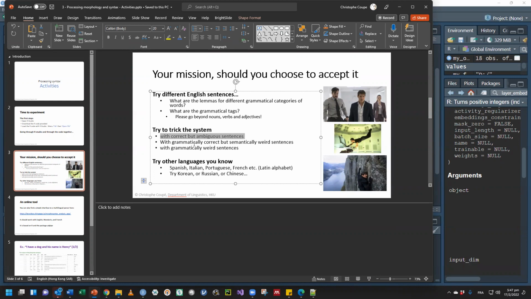You can try weird semantic sentences, but grammatically correct. You can try the stuff we played with for spell checking. If you know other languages, you may try them. And that's what you can do.